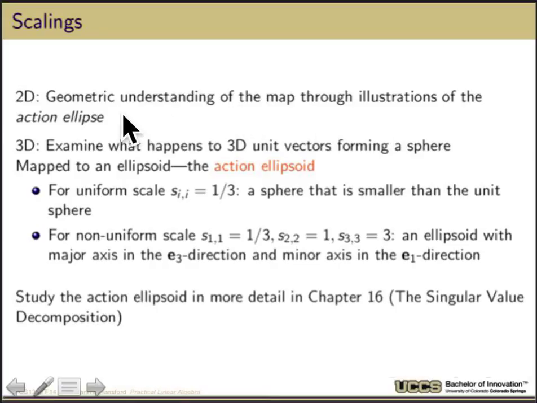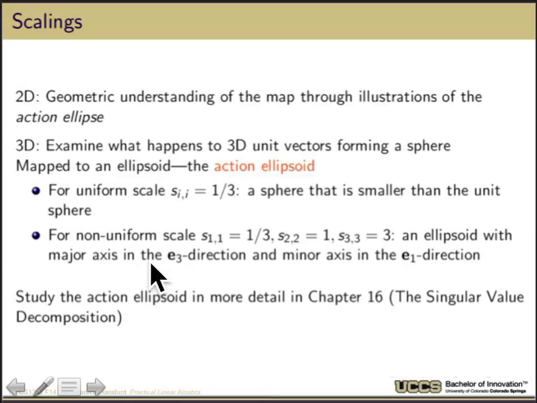In 2D, we talked about the action ellipse. That is the action of mapping a circle and seeing where it goes after the map. In 3D, we're going to do the same thing, but we take the unit sphere and map it to an ellipsoid, a 3D ellipsoid, and that gives us an idea. So if I have uniform scaling with s_ii equal to 1/3, I get something smaller than the unit sphere.